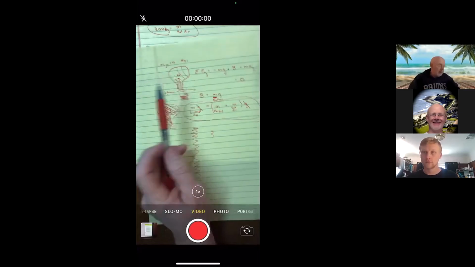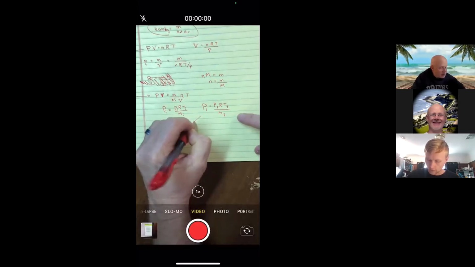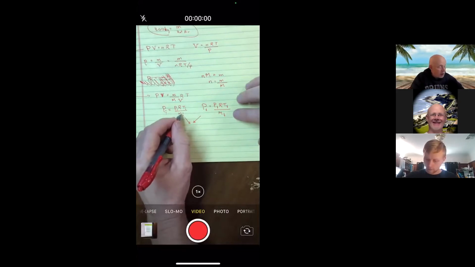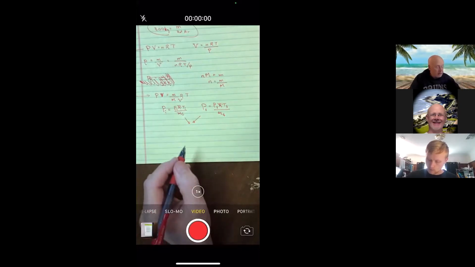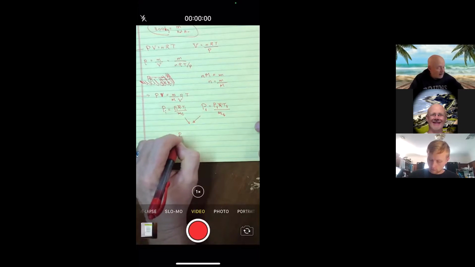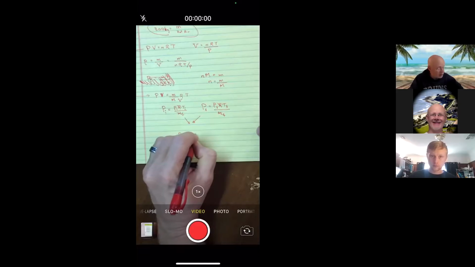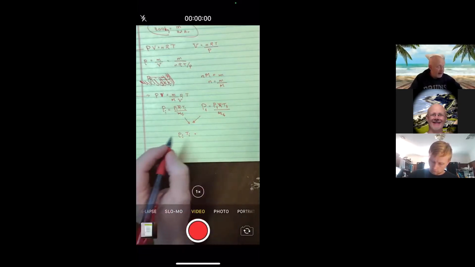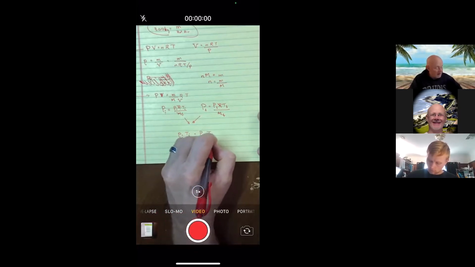So in this equation, when I set these two equal to each other, because initial pressure is equal to final pressure, I can cross out the molar mass and also the gas constant. What I'm trying to get at then is the initial density times the initial temperature would be the same as the final density times the final temperature.